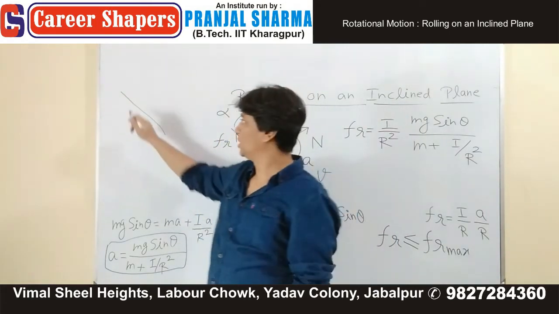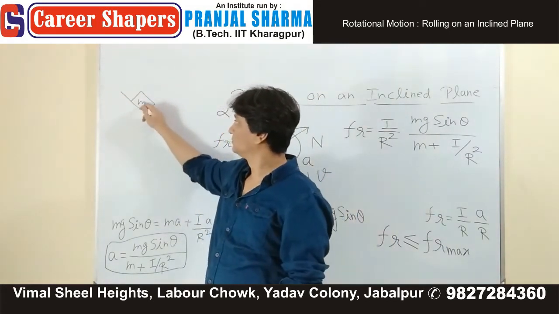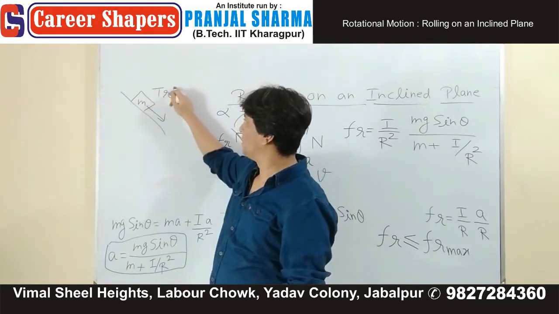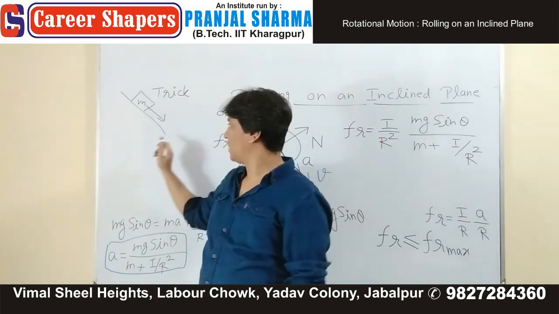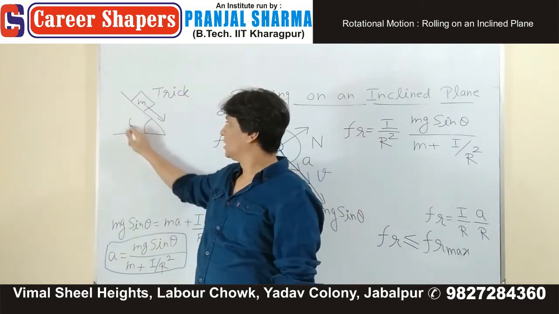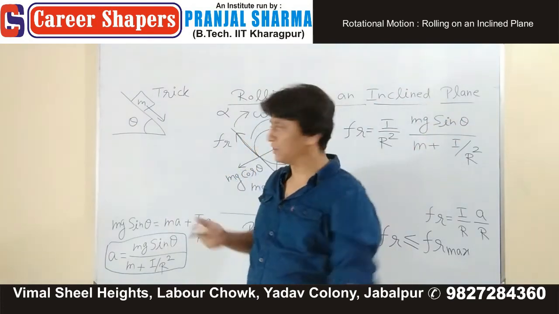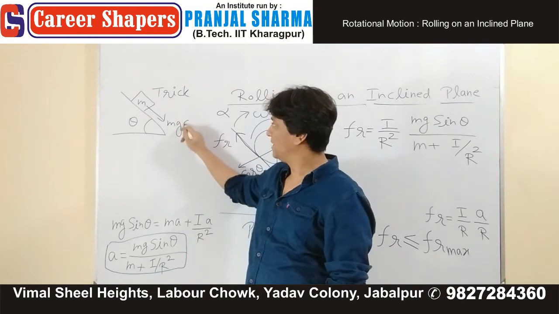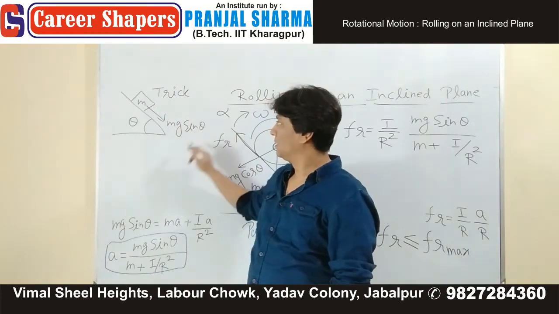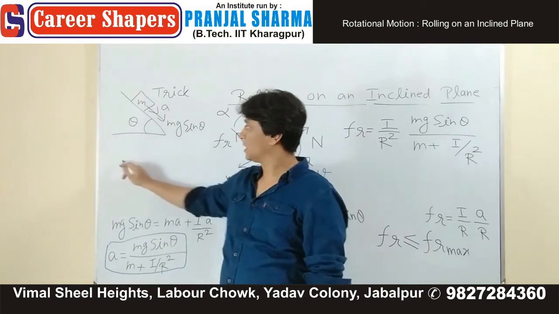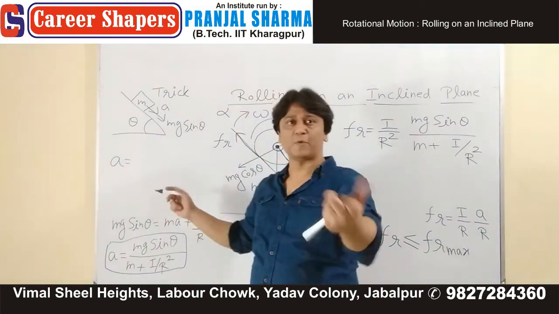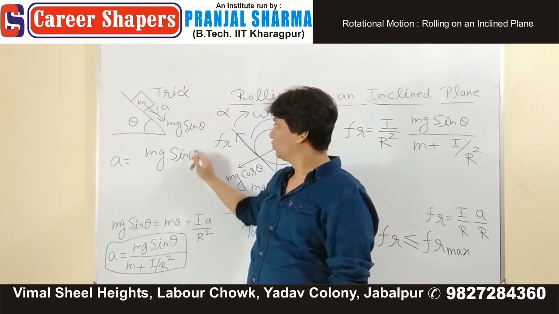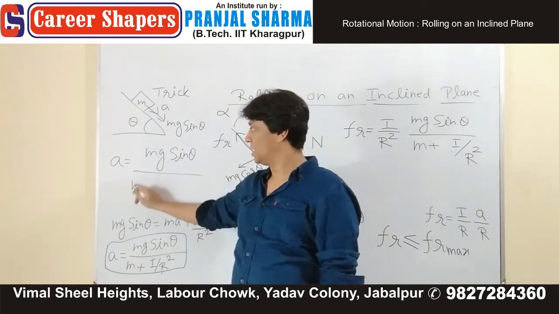In laws of motion, when you have a body, how did you find acceleration of this, when there was no friction and all? What is the force? mg sine theta. What is acceleration? Acceleration is force divided by mass. mg sine theta divided by mass.